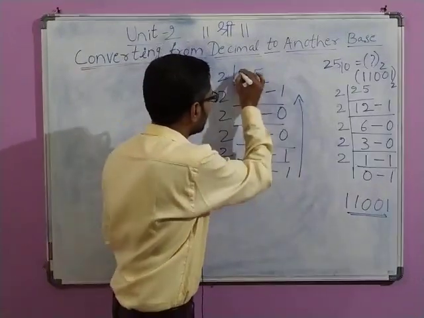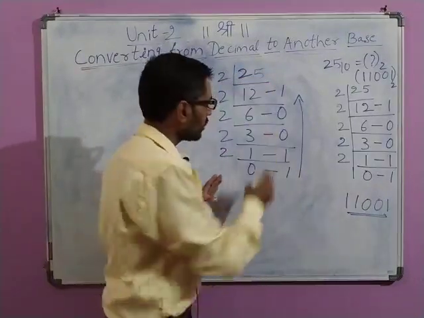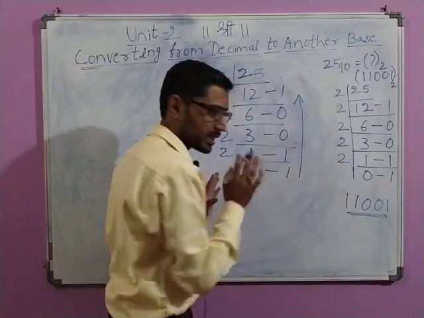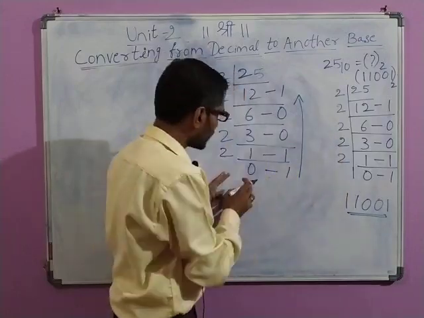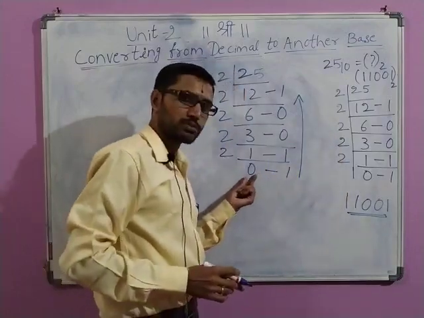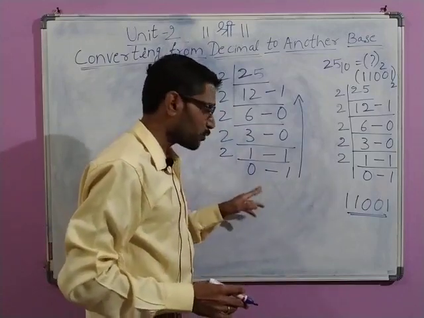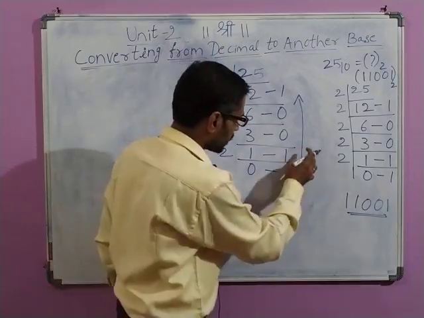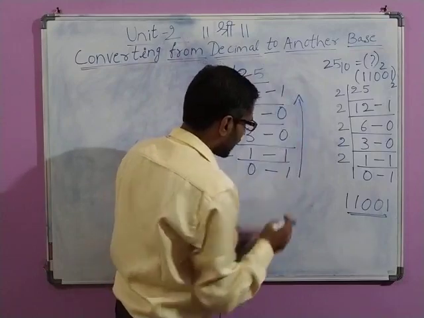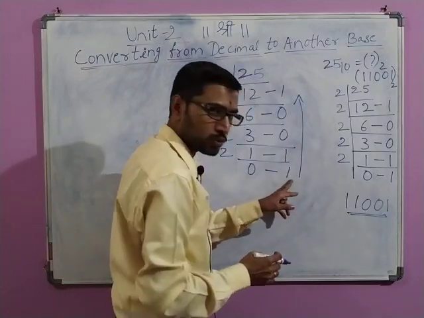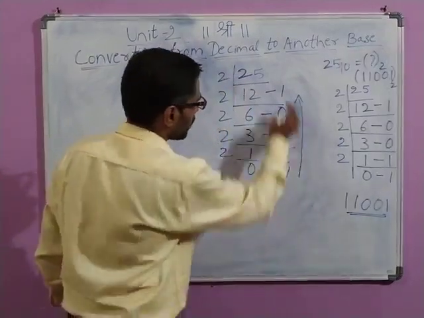Complete all the divisions first, no need to write the remainders yet. Complete this procedure till the quotient becomes 0, and once you finish this, put an arrow mark from your right side, and from the bottom value you go on writing these values.